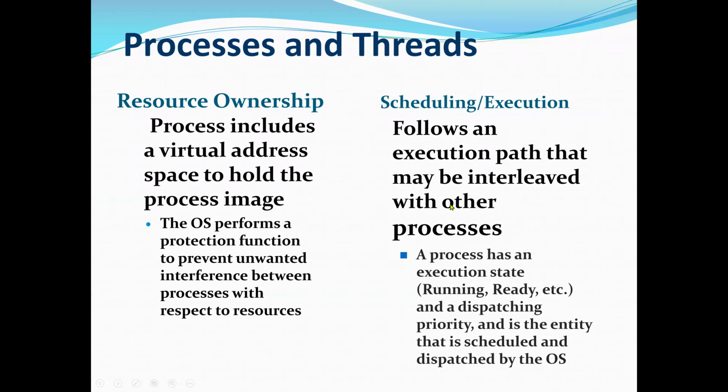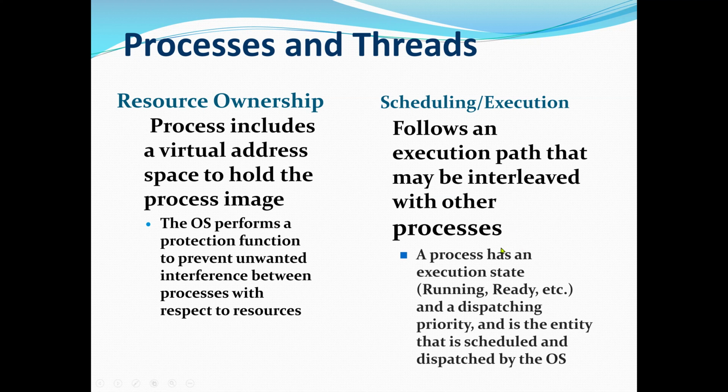The discussion so far has presented the concept of a process as embodying two characteristics: resource ownership, and scheduling and execution. A process includes the virtual address space to hold the process image.